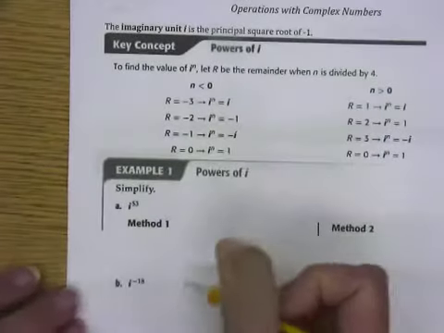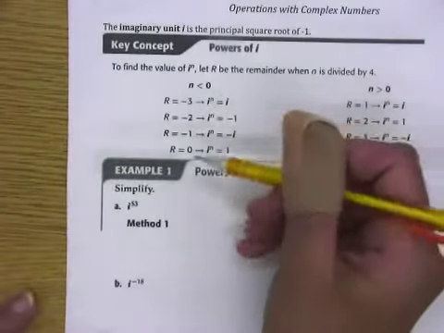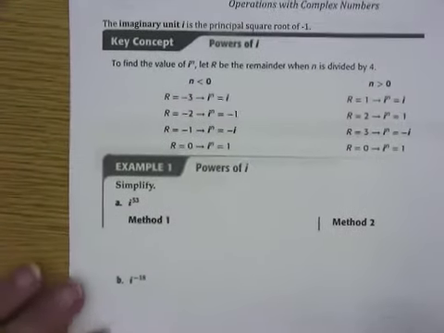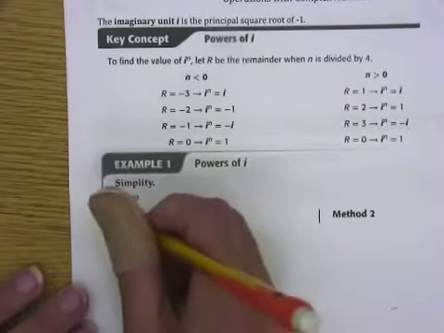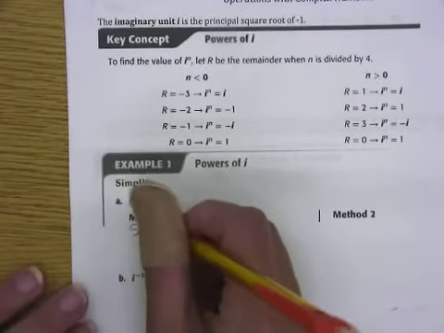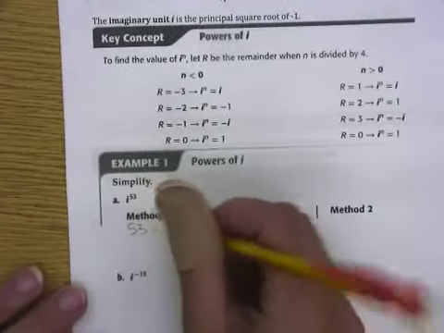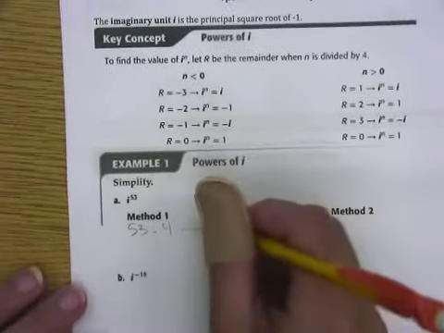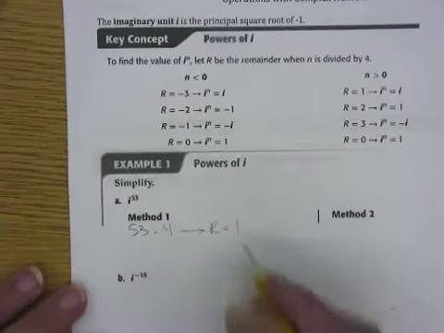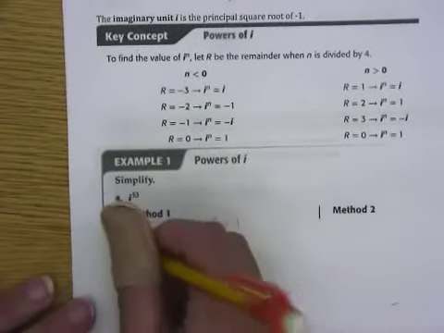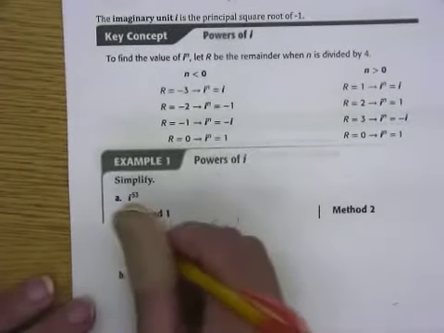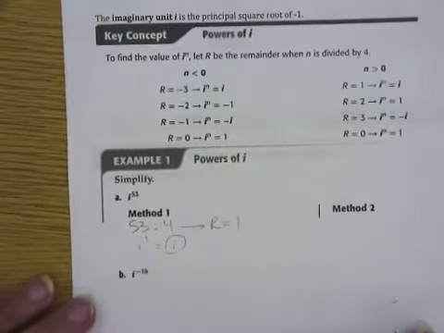The first method deals with taking that exponent and finding the remainder when I divide by 4. So if I take 53 and divide it by 4, my remainder is 1. And if my remainder is 1, then I can think of it as i to the 1, so it's just i.